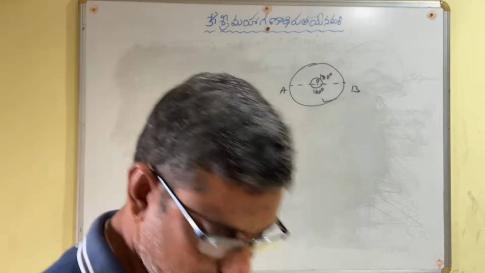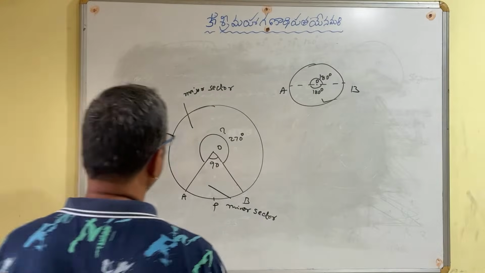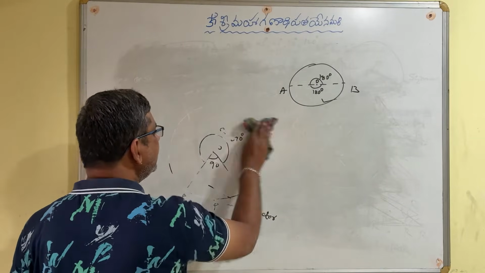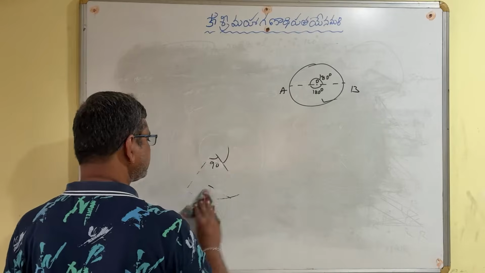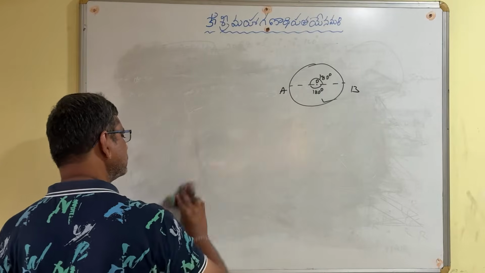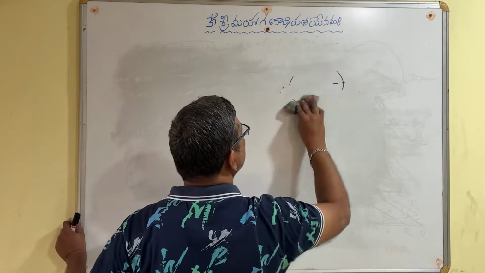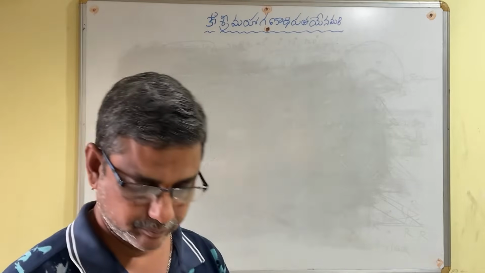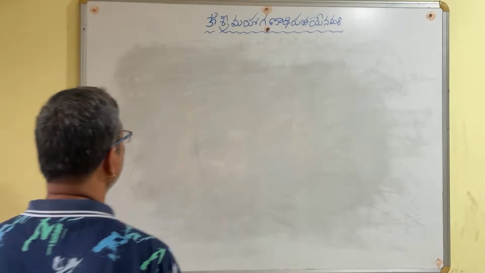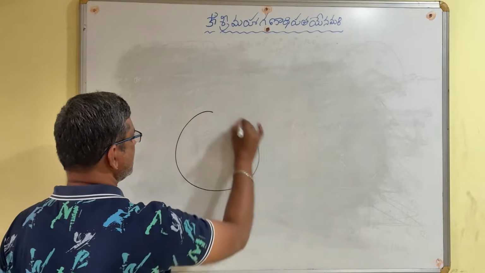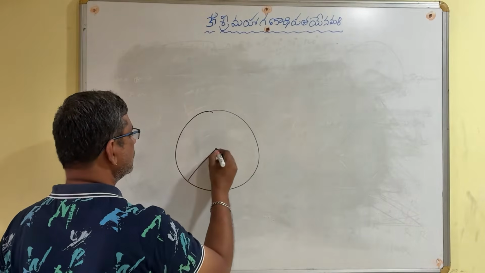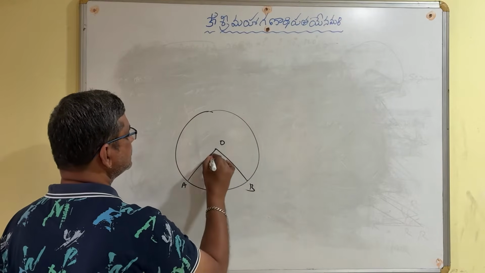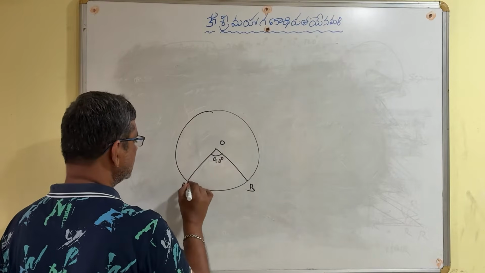Minor sector, major sector. Now, try to understand minor segment and major segment. There is a sector AOB with sector angle 90 degrees.